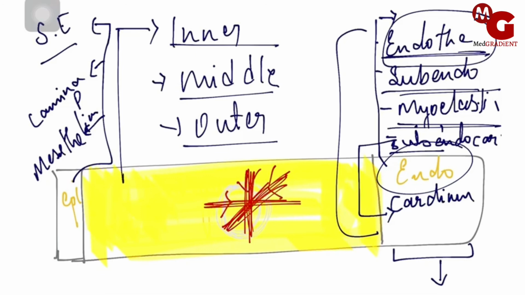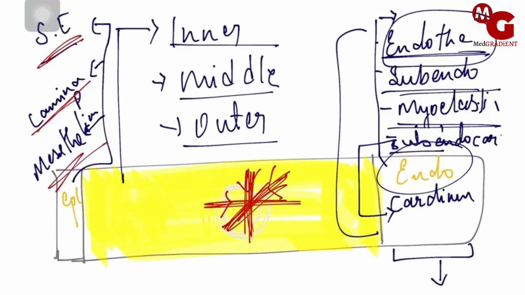Again we have three layers in the epicardium, just like the myocardium, but with different names: the subepicardial layer, then the lamina propria, and then the mesothelium.